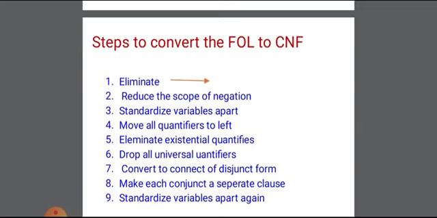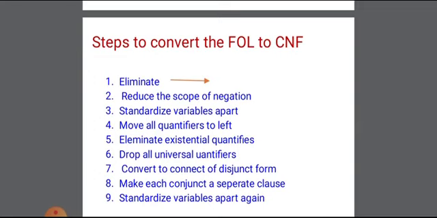This is the seventh step. The eighth step is to make each conjunct a separate clause. Whatever clauses we are having, we have to make them separate. And the last step is to standardize the variables apart again. Again we have to standardize all the variables which are available.